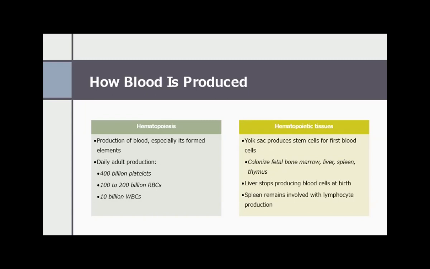They originally started from the yolk sac. Okay, that's where your first blood cells came from. They then moved into bone marrow. From the bone marrow, they went to the spleen, the thymus, and the liver. So as an adult, we see bone marrow and spleen still involved in hemopoiesis.